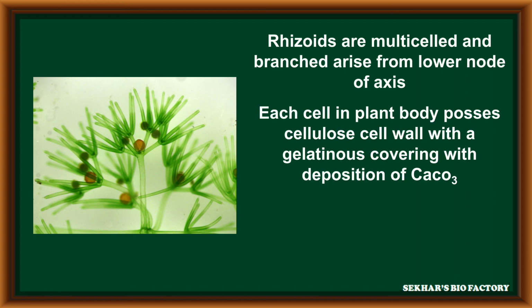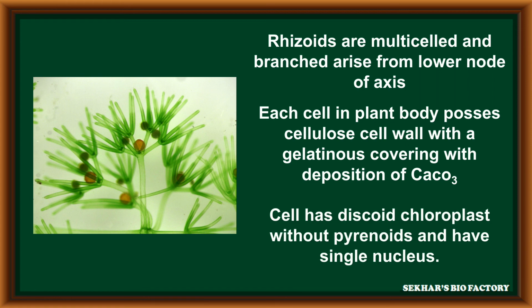Each cell in the plant body possesses a cellulose cell wall with a gelatinous covering due to deposition of CaCO3. Each cell has discoid chloroplasts without pyrenoids. Pyrenoids are absent in Chara, and each cell has a single nucleus.